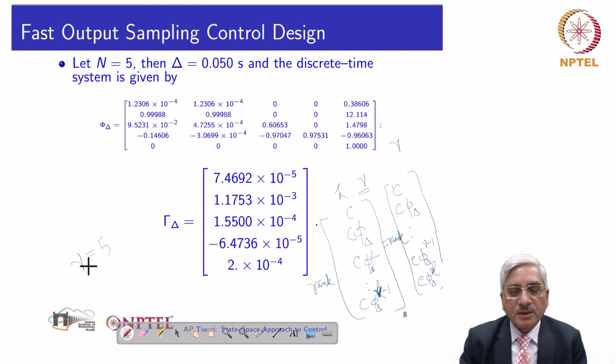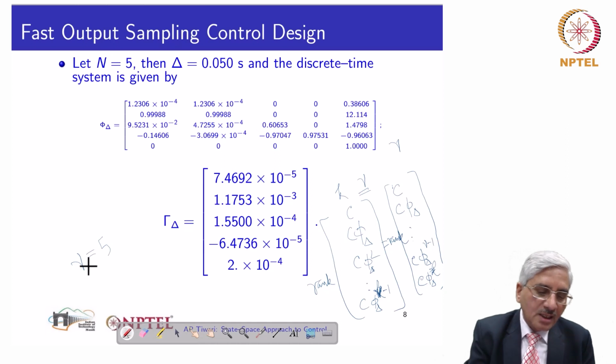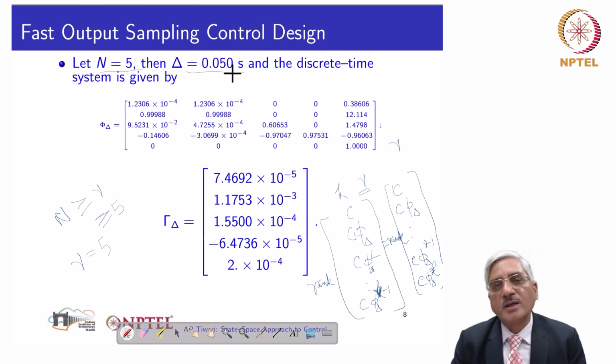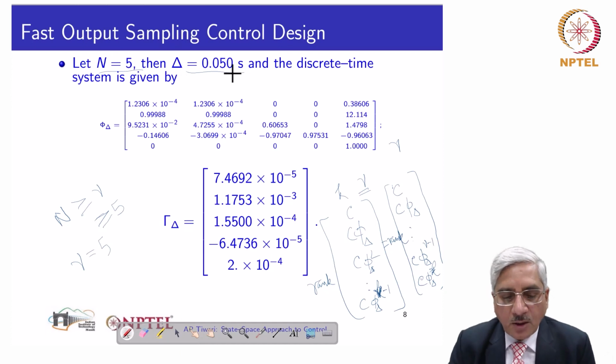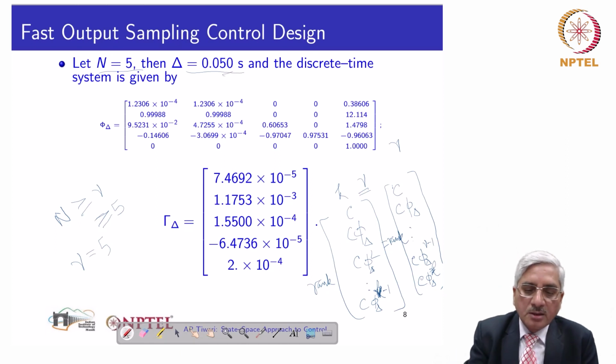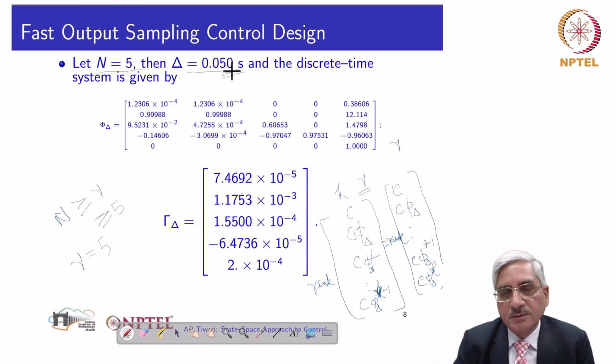Now for the design of the fast output sampling controller, the consideration is that n should be greater than or equal to nu, and in this case it should be greater than or equal to 5, and we select 5. Correspondingly delta is 0.05. Now we will be required to sample the output every 50 milliseconds. That represents a burden. We require a relatively fast data acquisition system.